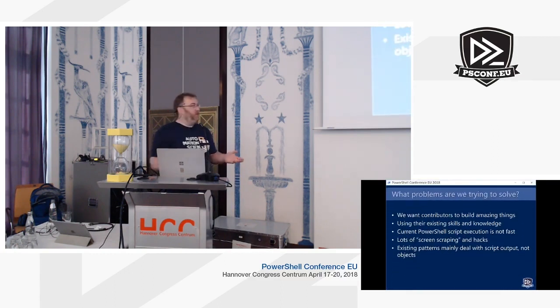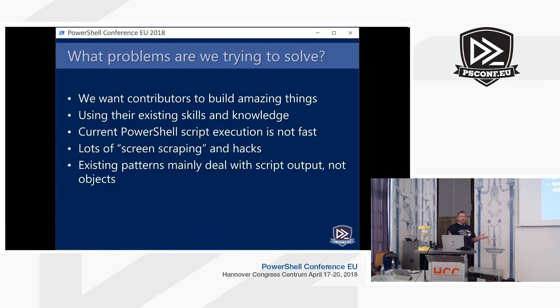But we want our contributors to build amazing things for their environments, using their existing skills and knowledge. Frankly, the current way we execute PowerShell via Chef is not the fastest.